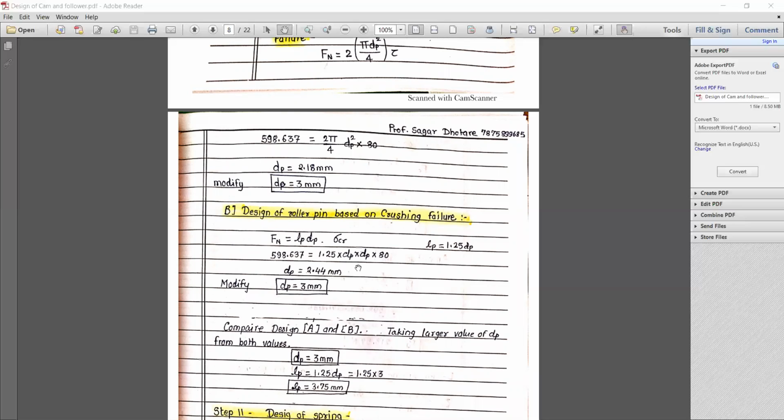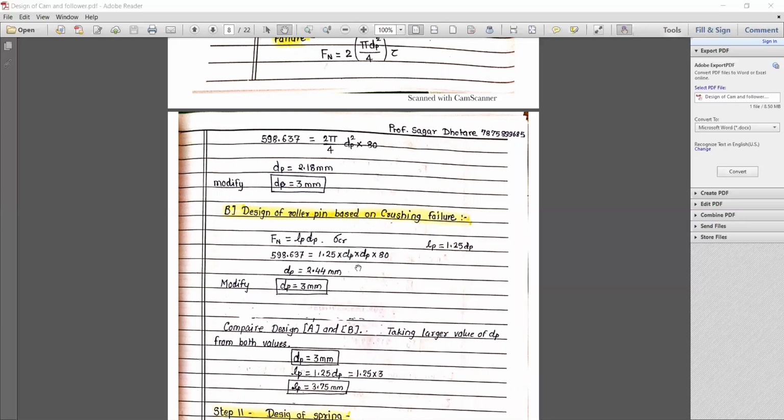Here the area is length into diameter, that is the crushing area. So Fn is equal to Lp dp into sigma cr. The empirical relation we have considered between length and diameter of the pin is Lp is equal to 1.25 times dp.